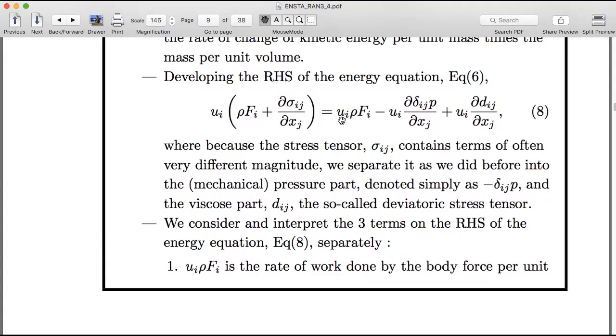But here I'm multiplying by the velocity. So it's like you're applying a force through a distance per unit time, because the velocity is a displacement in space per unit time. So the force times velocity gives power. It's work per unit time.